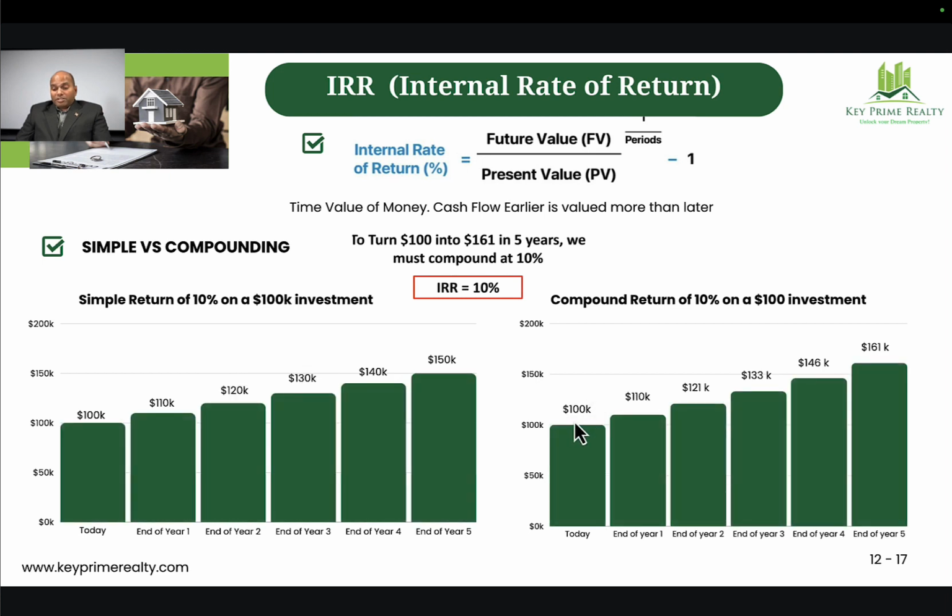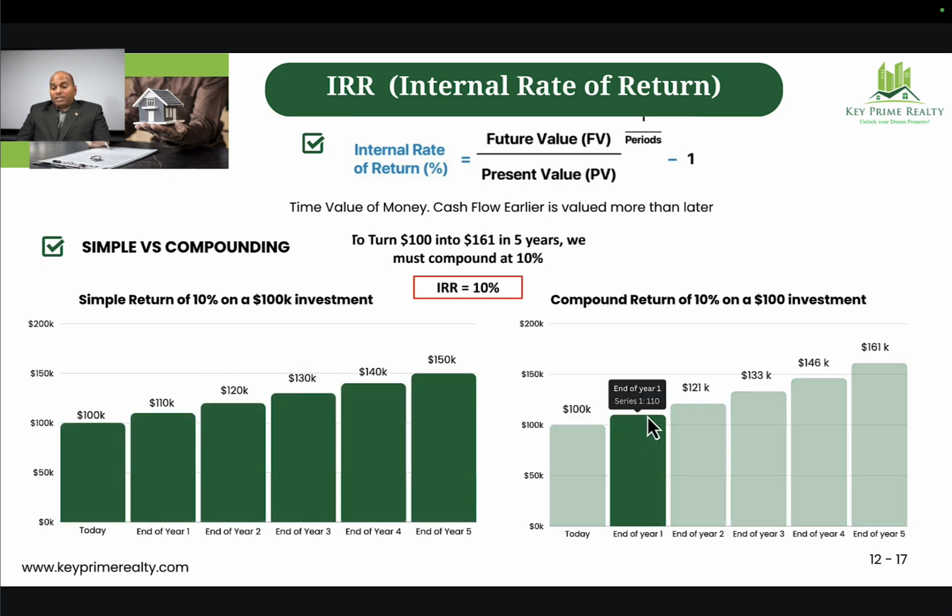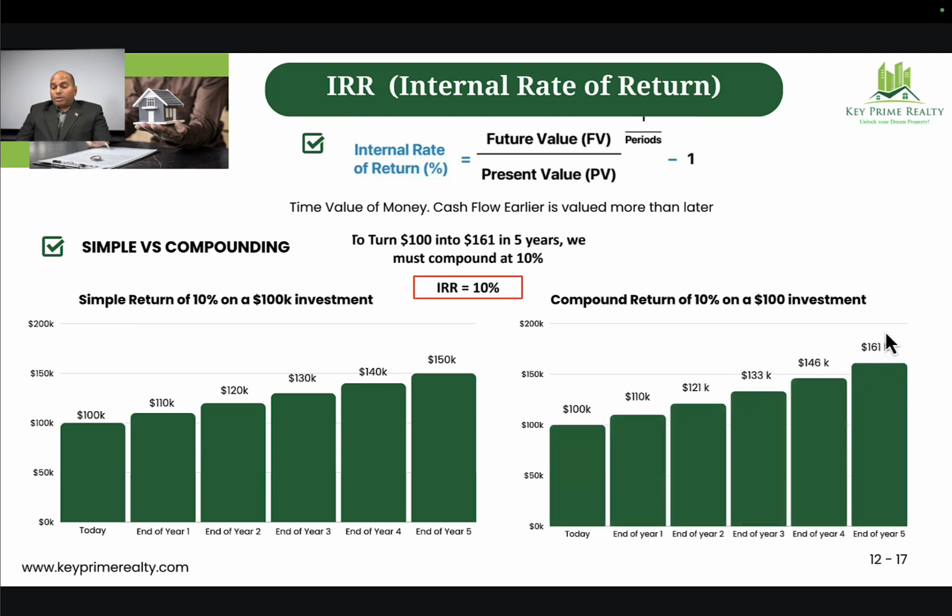But if you reinvest it, you make 10k and this 10k gets reinvested. So the 100k you get a return for 5 years, but this 10k you get a return for 4 years, and then this one for 3 years, like that. So whatever you make gets compounded, and then your money becomes 161 at an internal rate of return of 10%. Okay, so that is the power of compounding.